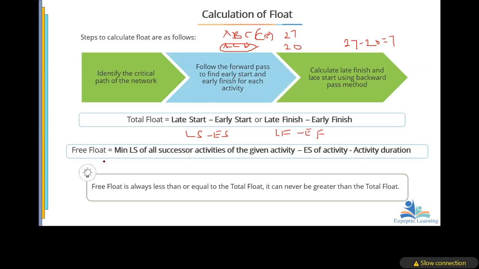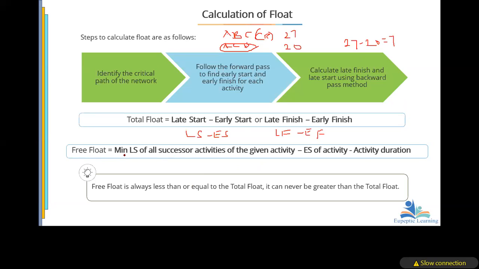Then free float, which is usually related to an activity. So note this, free float is usually related to an activity. So if they don't say free float, but they say calculate the float on activity A, what they are asking you is to calculate the free float of activity A. I hope you get the point here.